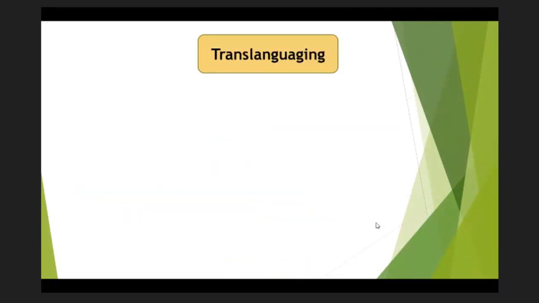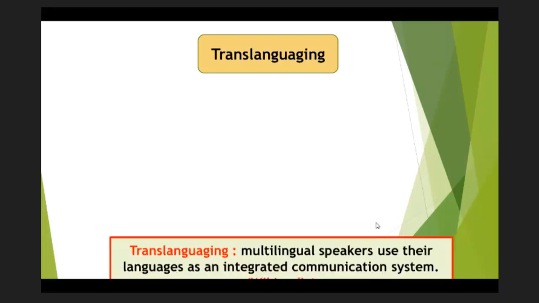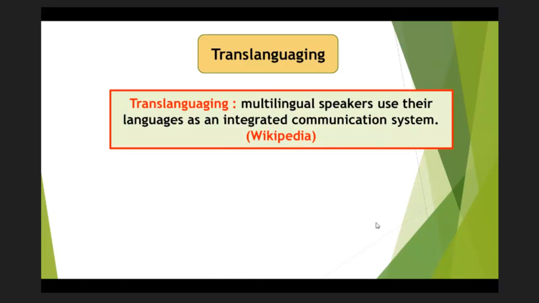And the second model I will talk about is translanguaging. This is defined as a process in which multilingual speakers use their languages as an integrated communication system. And it needs to include three dimensions. The first one is complex linguistic family dynamics.